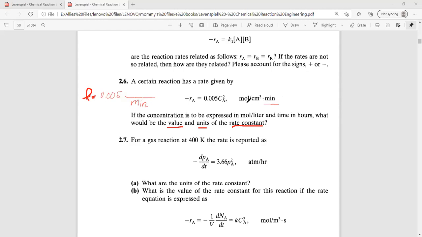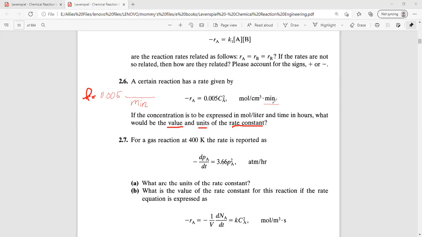Now, you should have a mole per cubic centimeter. This mole per cubic centimeter came from the units of the concentration. However, look at the units of the concentration. It's squared. So you have to get rid of one set of units of mole per cubic centimeter and introduce that in here. That way, you will have a set of units for the rate law like this.